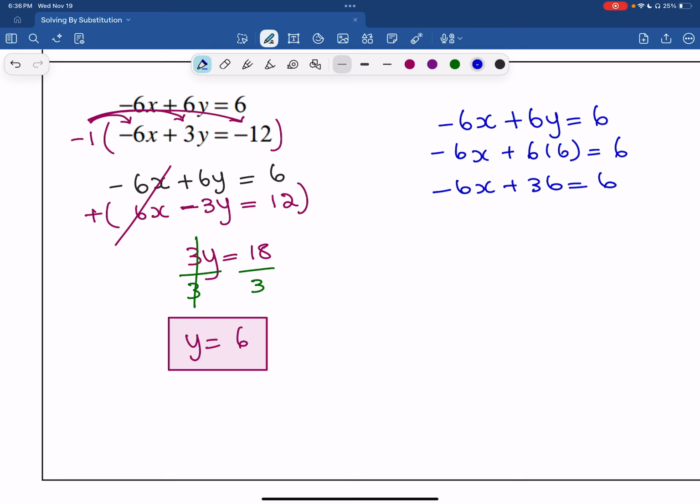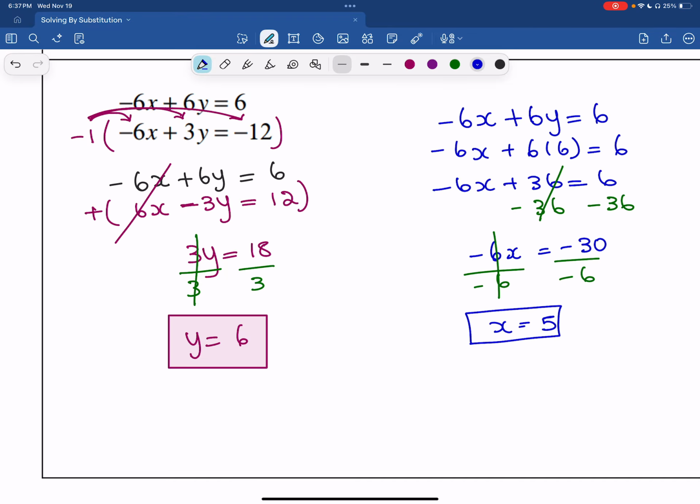I need to get the 6x by itself, so I'm going to move the 36 over. I'll do the opposite, so I'll subtract 36 from both sides. This will cancel, and we'll have -6x is equal to 6 minus 36 is just -30. Last step to solve for x is to divide both sides by -6. And we'll see that x is equal to +5.